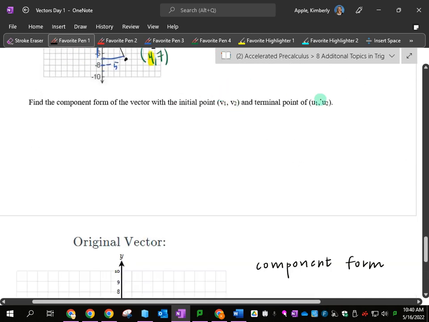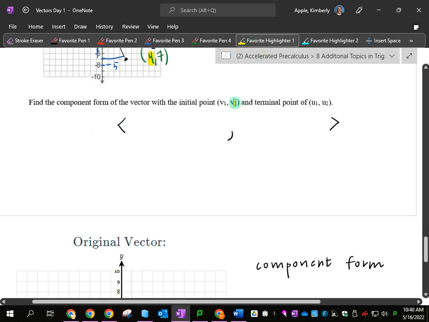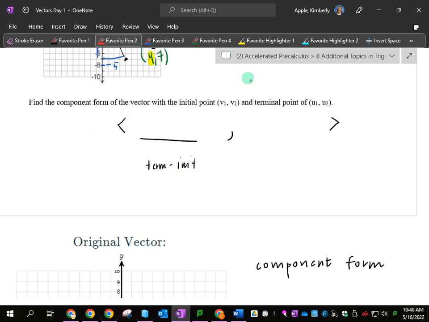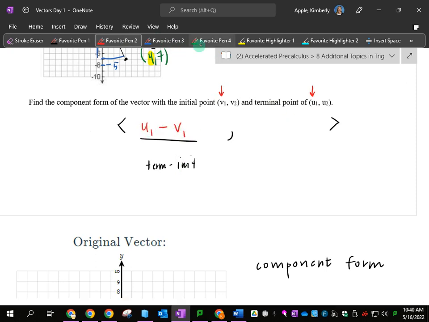If this is the initial point and this is the terminal point, then what's the component form? Well, we just said that we were going to do terminal minus initial. So let me write that down here. And these would be your x's, right? So it'd be u1 minus v1.